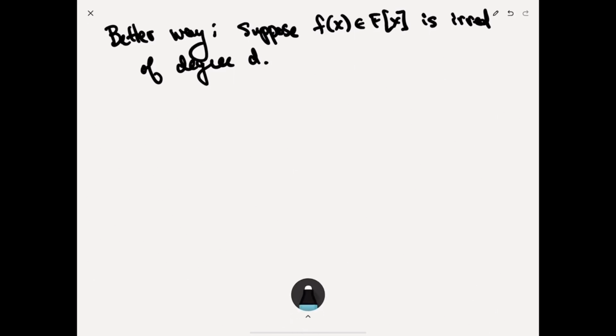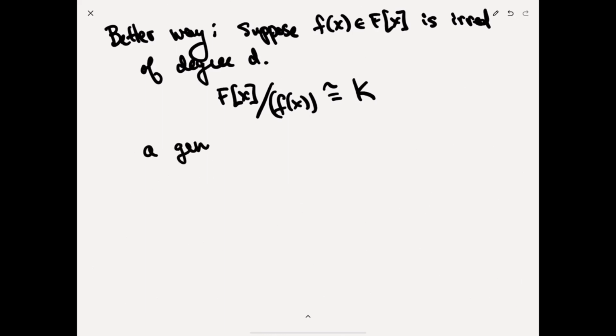Then if it's irreducible of degree d, here we have k[x] over the ideal generated by f of x. This is isomorphic to a simple extension, and so a general element can be written as the following.